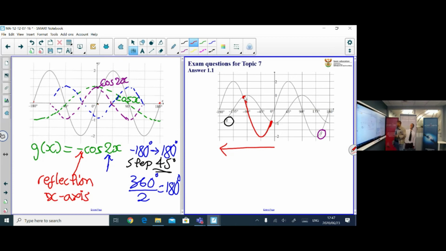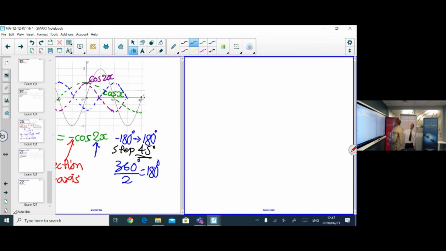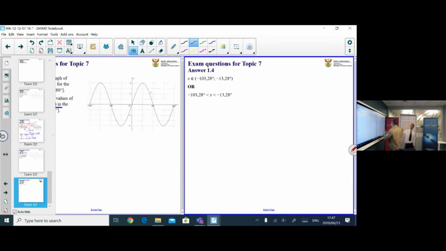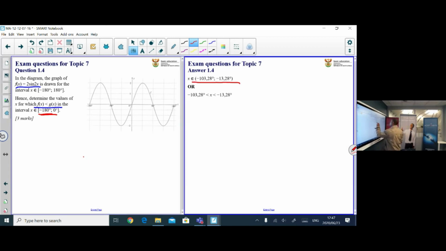So that particular part will give us this. So those 2 points, I'm sure you notice this part. So then you end up with these 2 solutions for those 2 points, which you can also write in a range like this, or in the other way as a range.